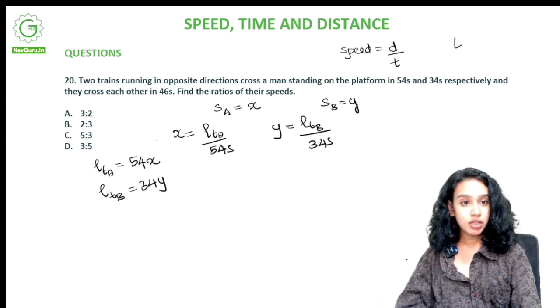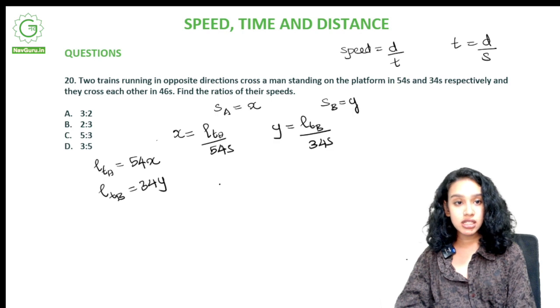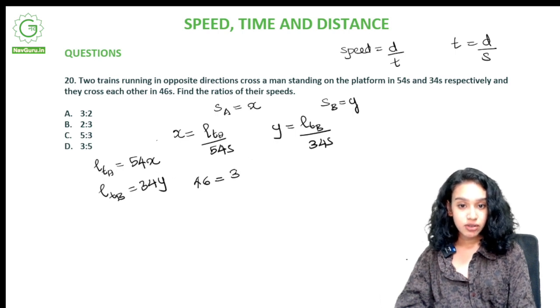So we have time here, so time is equal to distance by speed, right? So what is the distance here? The time we have here is 46 seconds. So 46 is equal to the total distance covered, the distance is 54x plus 34y, right? We have 54x plus 34y divided by x plus y.